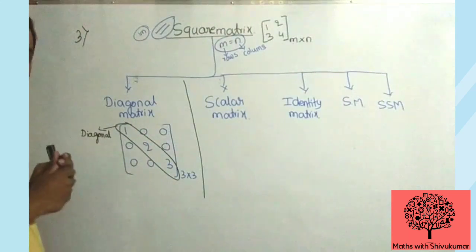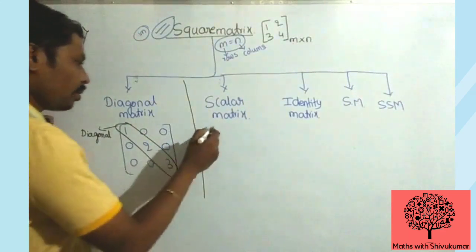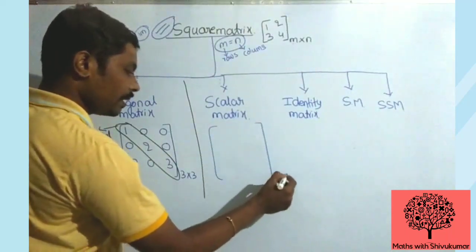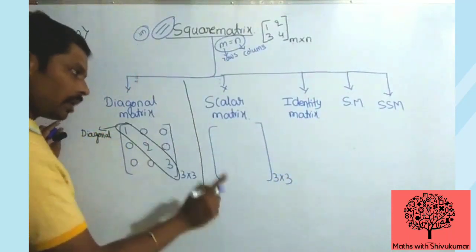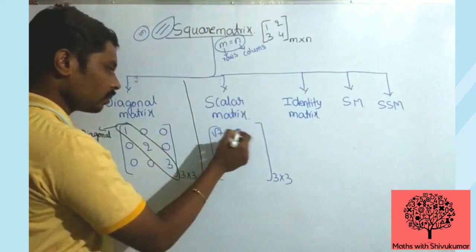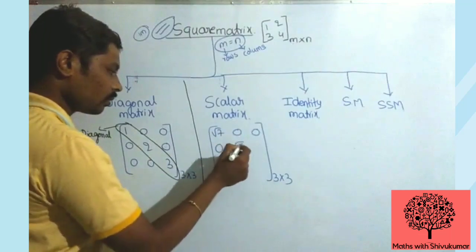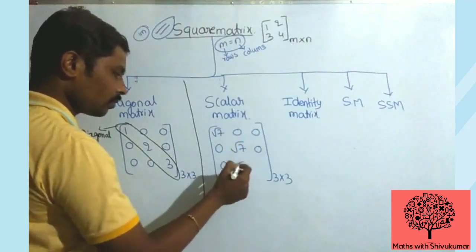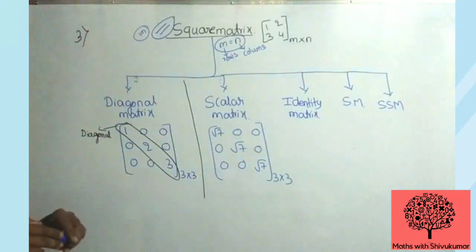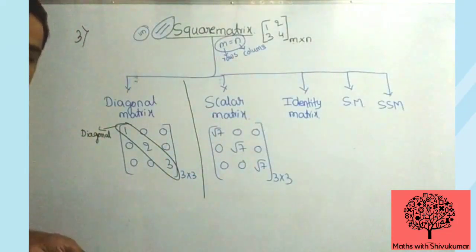So moving to the scalar matrix, observe here the scalar matrix. It is also again a square matrix. So tell me what will be the expected definition by looking at this. Anybody?